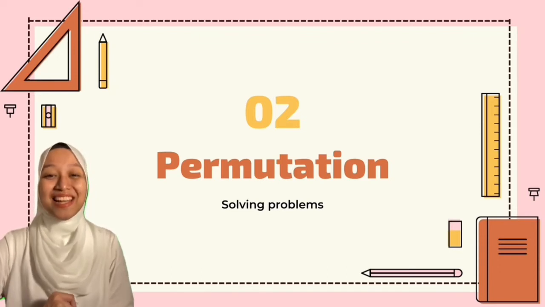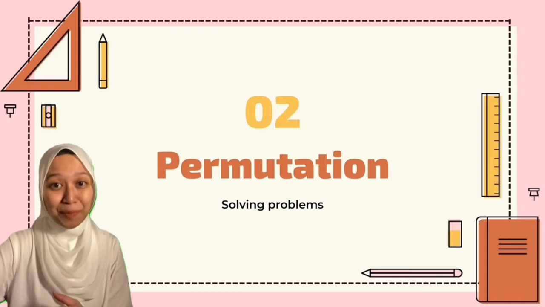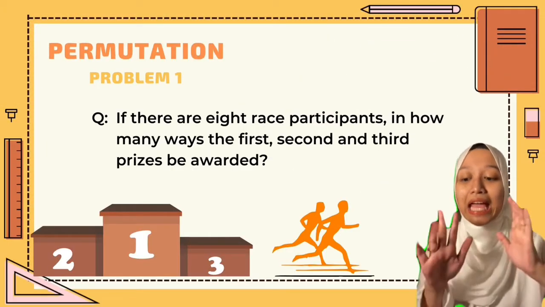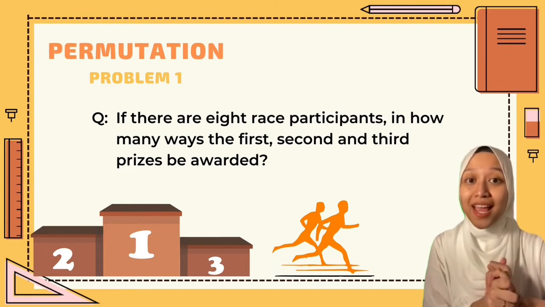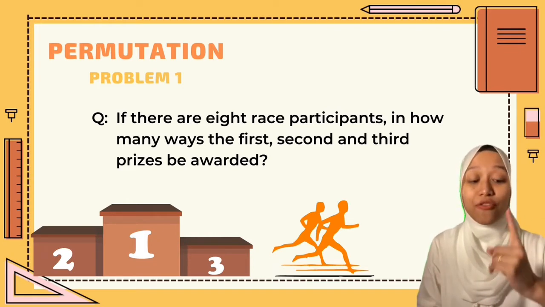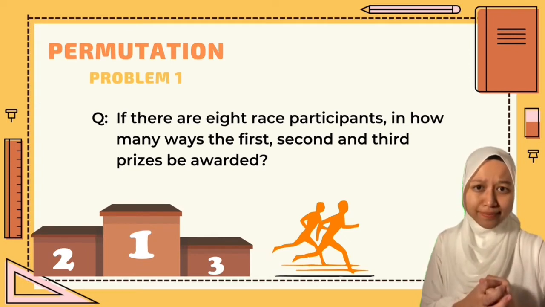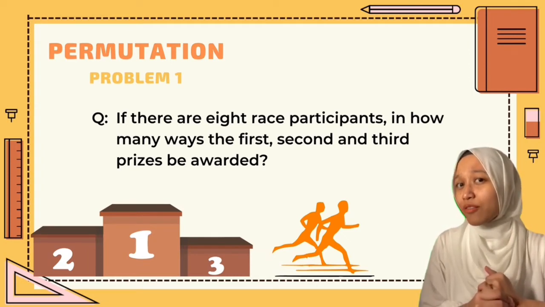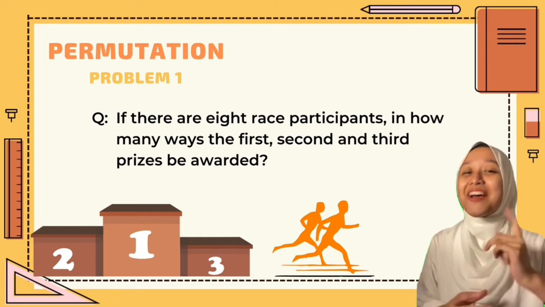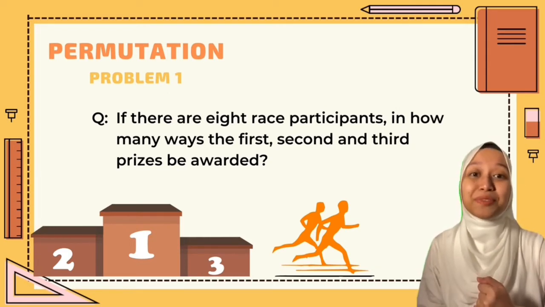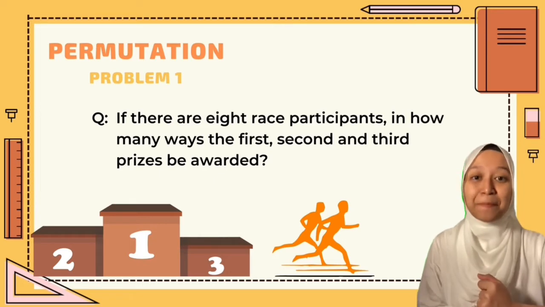Let's start. The first example of permutation in our real life is: there are 8 participants in a field. In how many ways can the first, second, and third prizes be awarded? Is this an example of an arrangement? Absolutely yes. This example is about permutation.